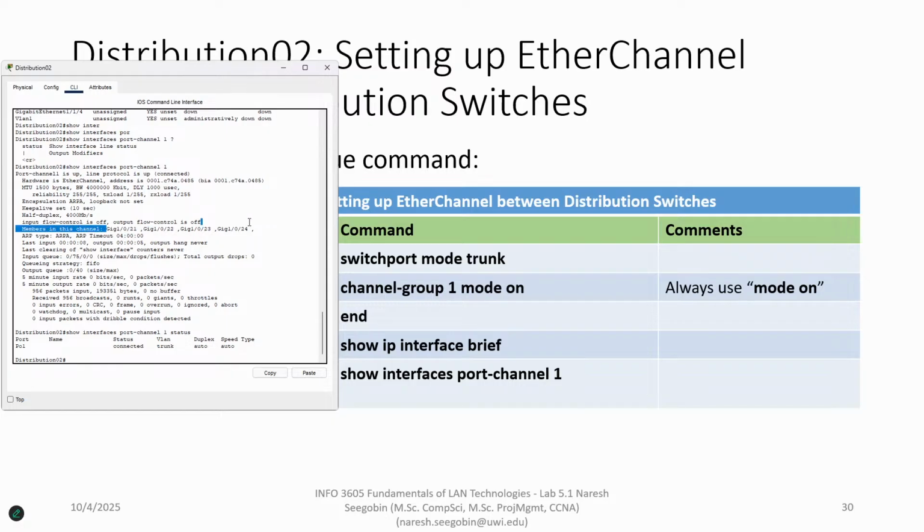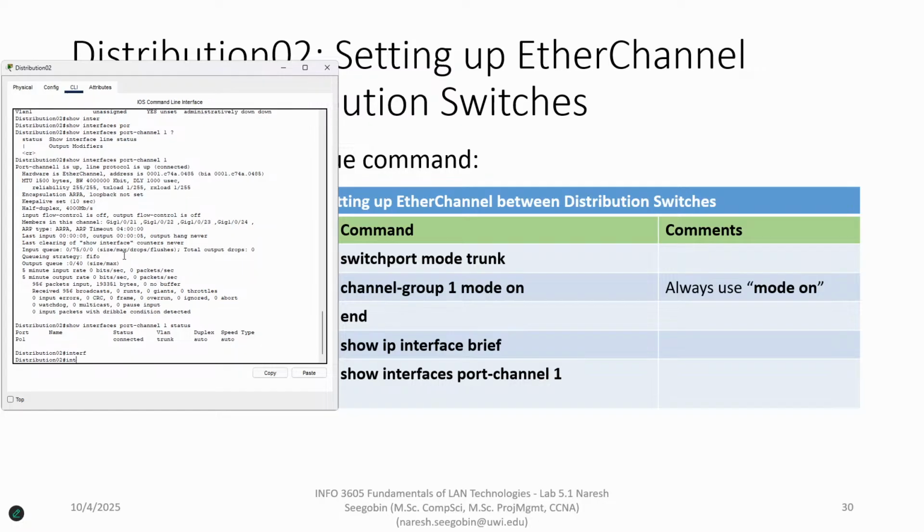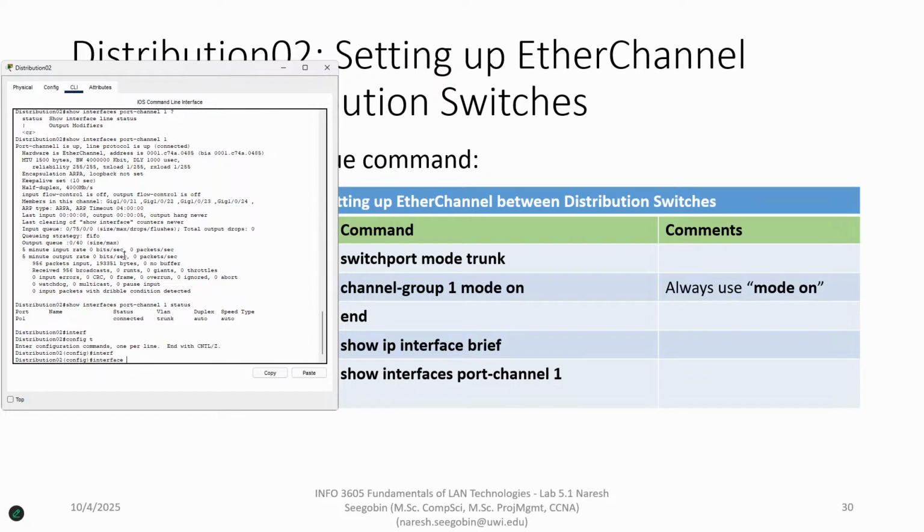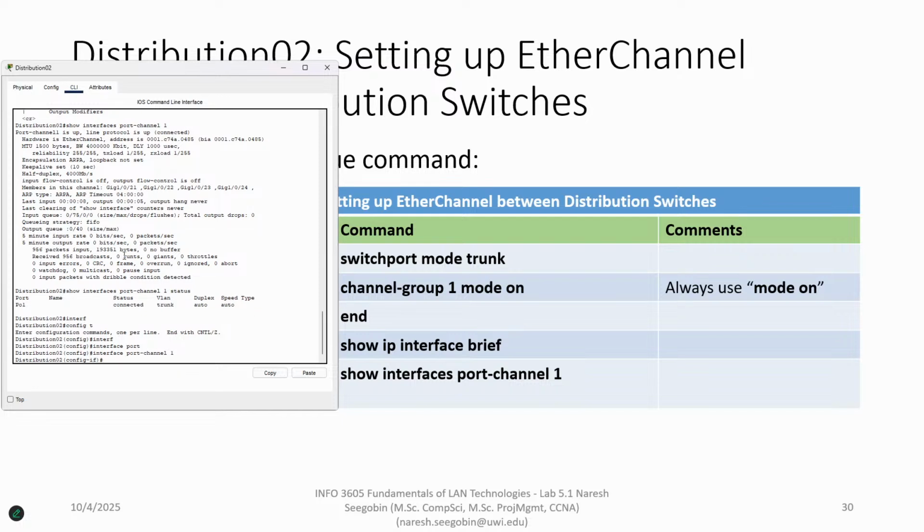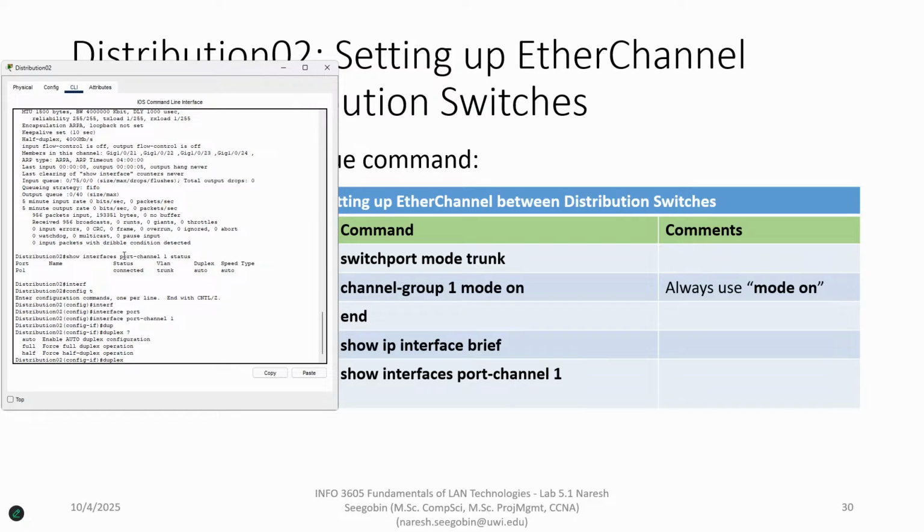Right, and we see our interfaces are here. Bandwidth is 4 gigs. Look, we have a half duplex here. We'll have to see how to sort this out, right? Actually, we can check that out. We can fix that. Let's see. Interface port channel 1. Let's try duplex full.